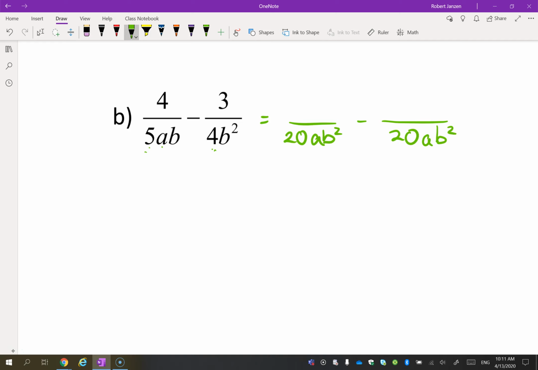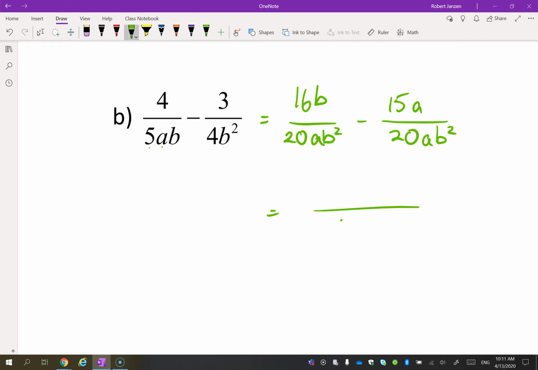Okay, so what did I multiply 5a by to get 20ab squared? I multiplied by 4b. So if I multiply the top by 4b, I get 16b. Now what did I multiply 4b squared by? I think that's 5a. So if I multiply the top by 5a, I get 15a.